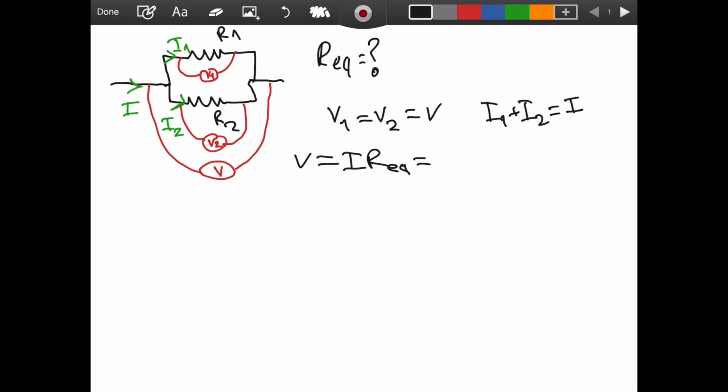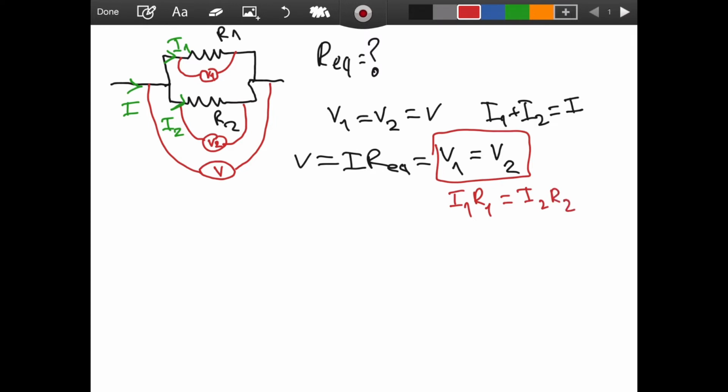So the voltage is equal to I times R equivalent. It is also equal to V1, and it is also equal to V2. Right? So using this equation, extending Ohm's law, we can say that instead of V1, I1 times R1 is equal to I2 times R2, right?